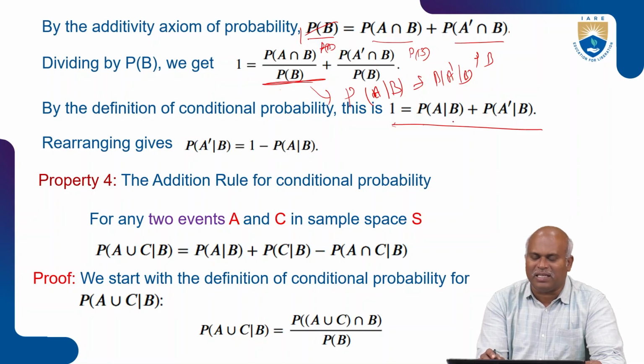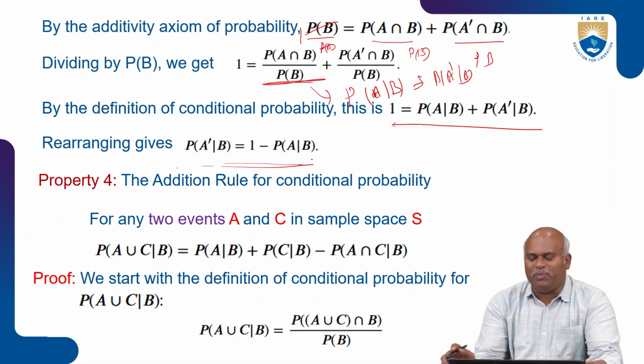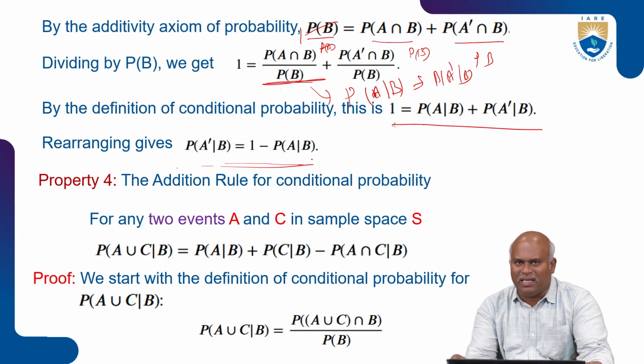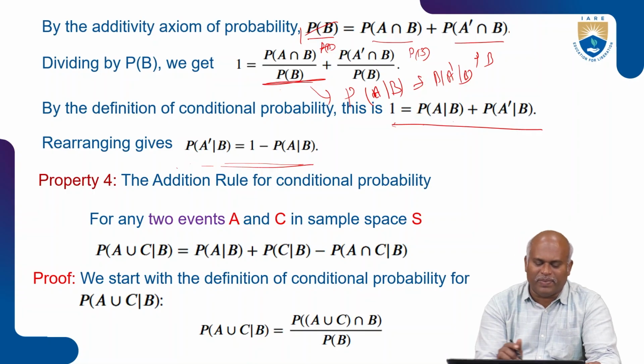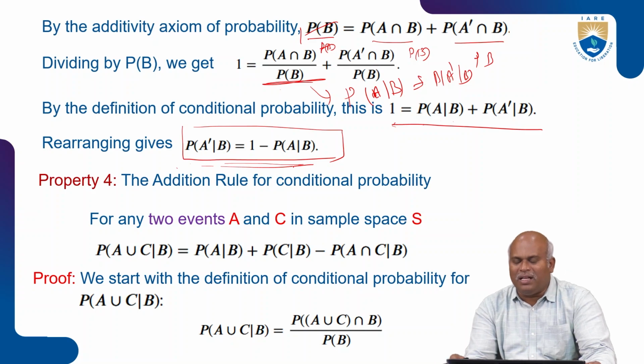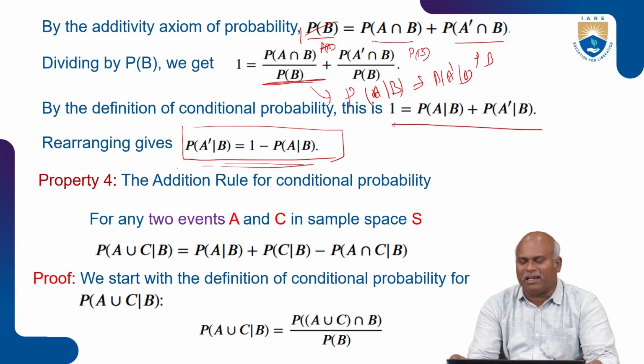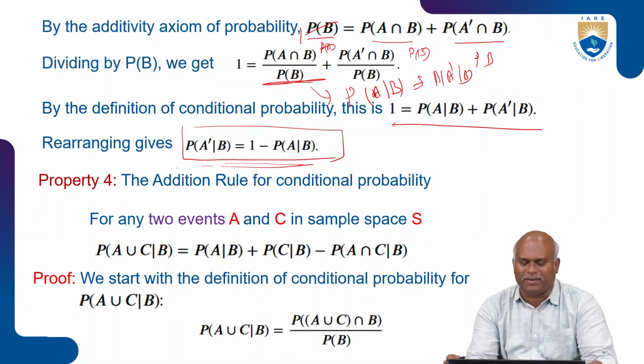Finally, P of A dash given B is equal to 1 minus P of A given B. We proved the complement property.